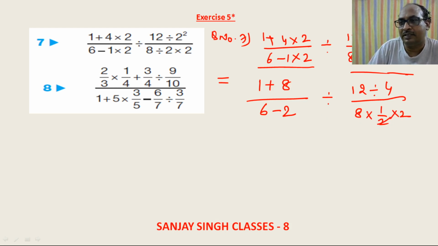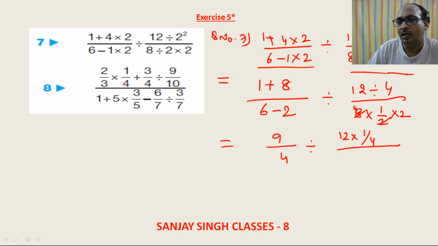So this will cancel, 2 fours are 8, right. So here it has become 8 plus 1, 9, 9 by 6 minus 2 has become 4, divided by 12 divided by 4, it means 12 into 1 by 4 divided by 4 into 2, 8, in denominator we do have 8 with us, okay. This 4 will cancel this 12 as 3.